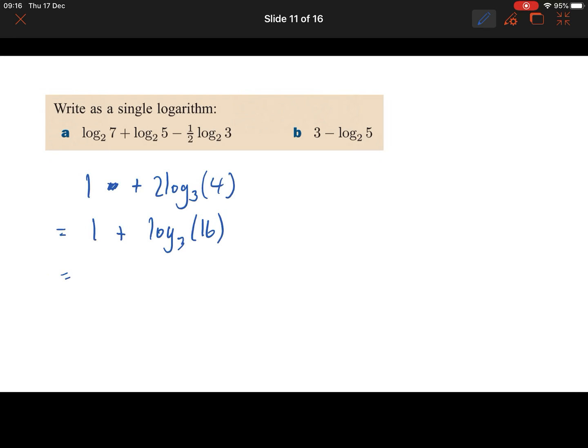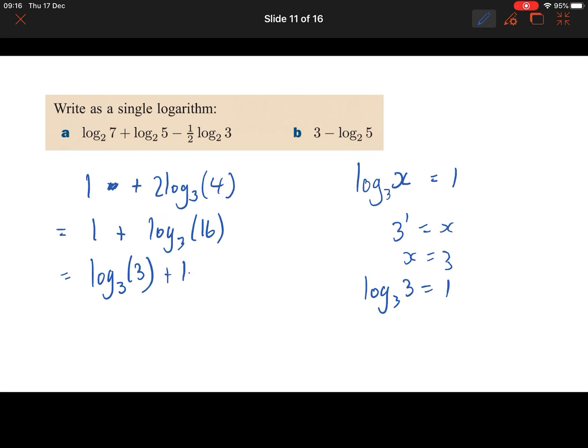Well, first things first, we can do 1 plus log base 3 of 4 squared, which is 16. Now we need to write 1 as a log base 3. So we're going to say log base 3 of something is equal to 1. Well, that means 3 to the 1 equals x, x equals 3. So log base 3 of 3 equals 1.